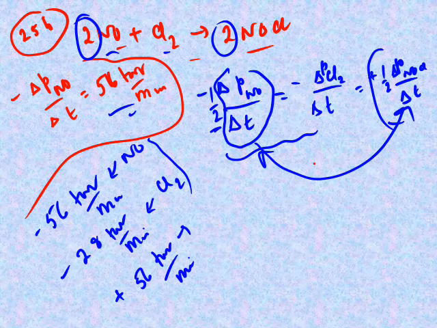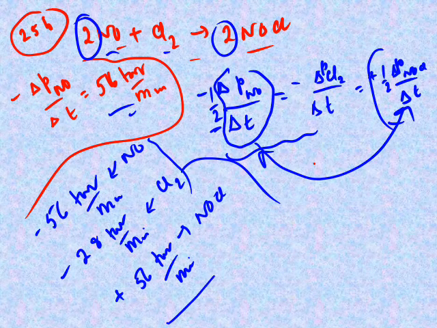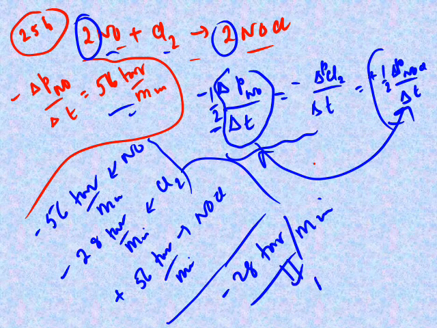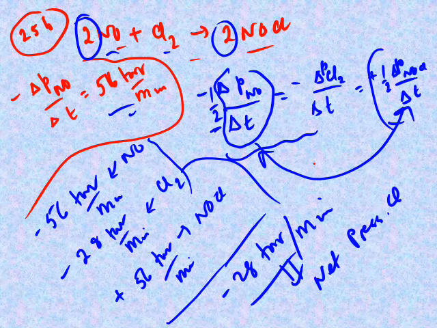Now this is for NOCl. What is the net effect? As you can see clearly, by adding all these up, it is going to be minus 28 torr per minute. So that's the net pressure change.